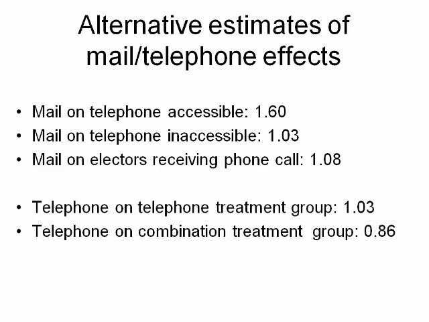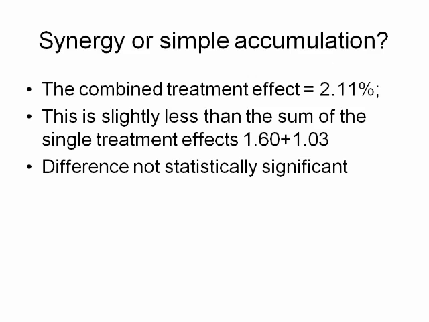And mail on electors receiving the phone call, so those are the ones who actually accepted the treatment in the telephone group. You can see basically no real difference there. And telephone on the combination treatment group is 0.0866 less. So some relatively modest effects there.